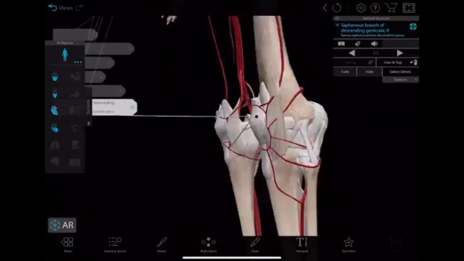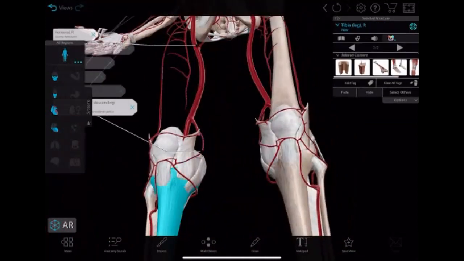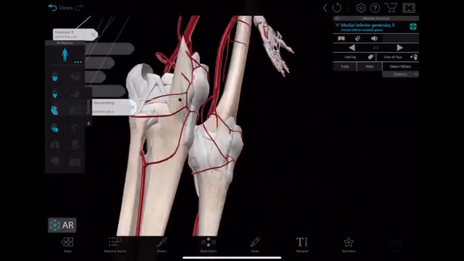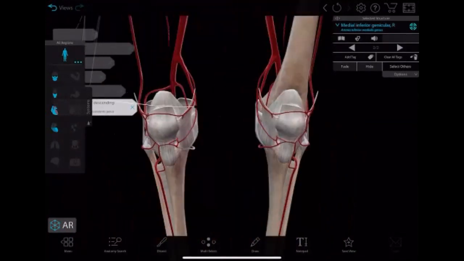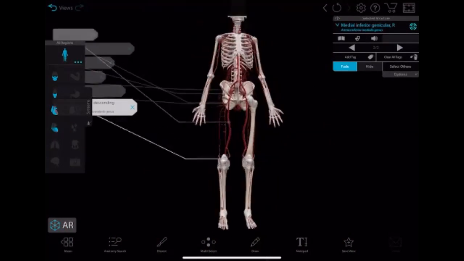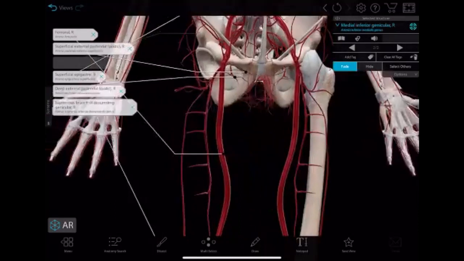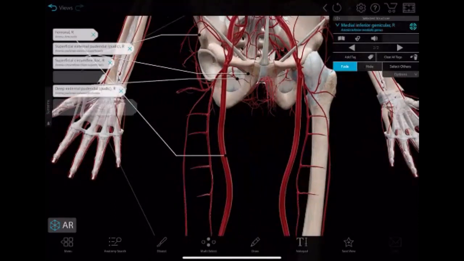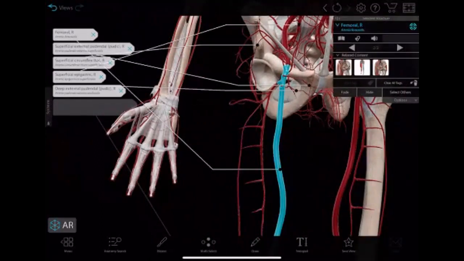You see, it forms anastomosis with the medial and lateral superior genicular arteries. You see, these are the branches, in essence. So that is the femoral artery.